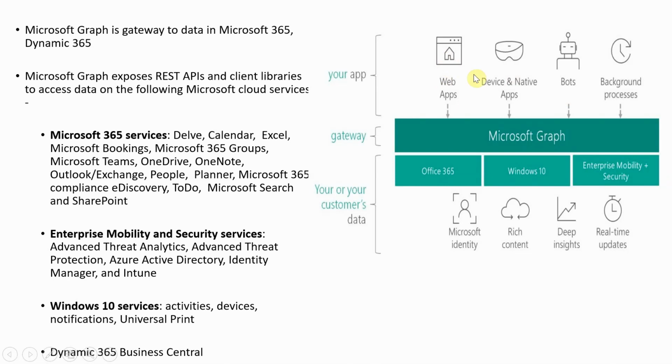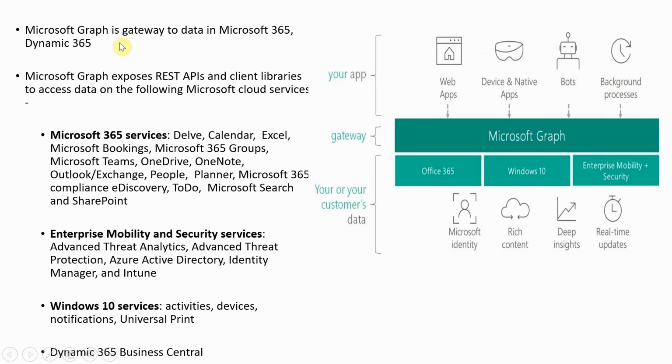We can use it in our web apps, jobs, and even bots, or as a background process, and in native apps on devices like Android and iOS. This indicates how the Microsoft Graph APIs are very useful for developing any kind of application.